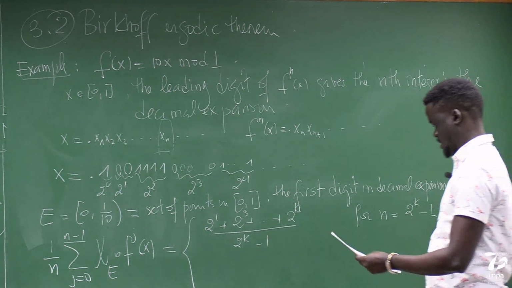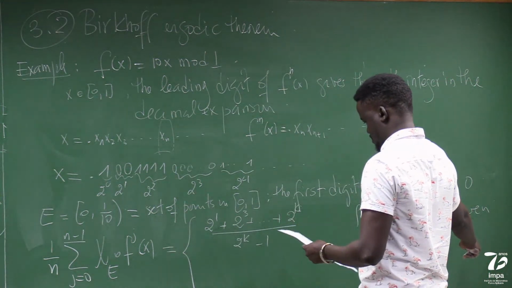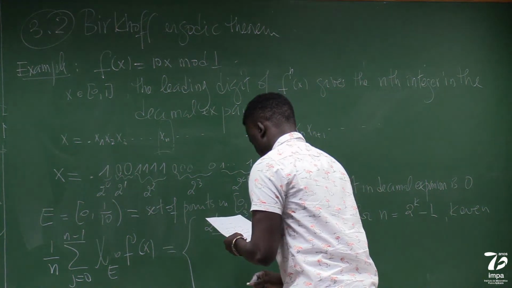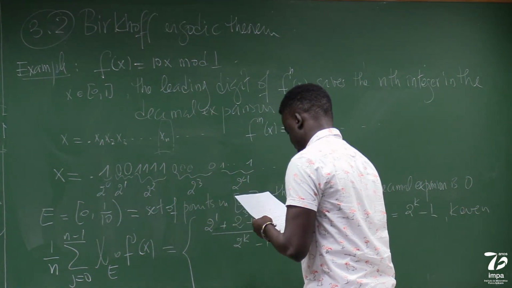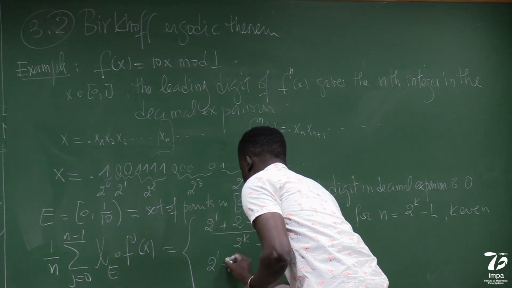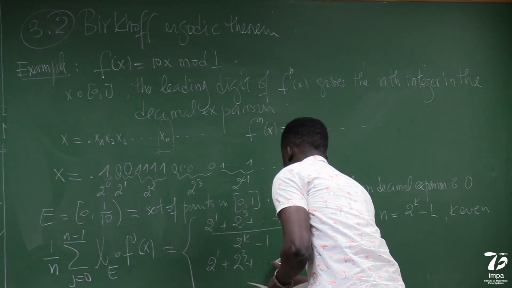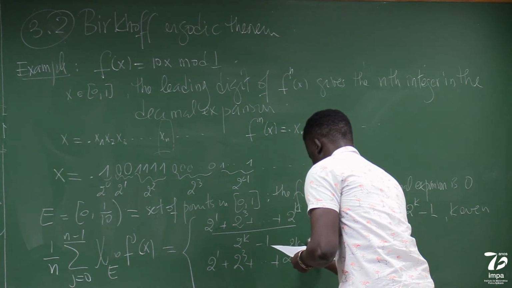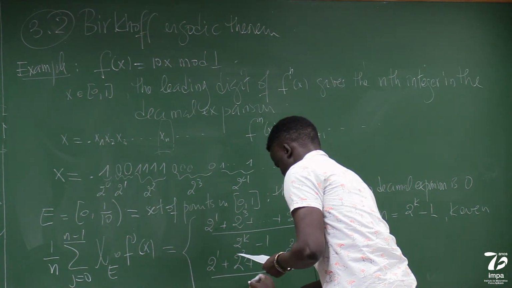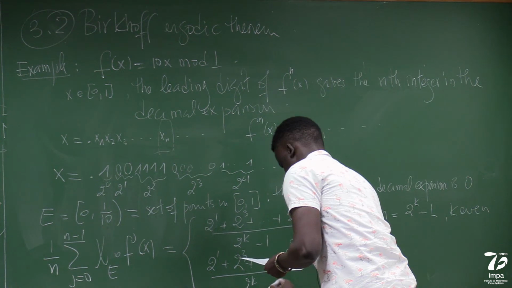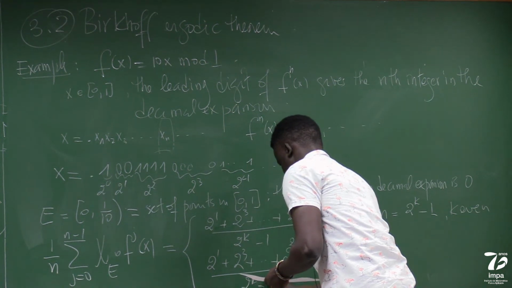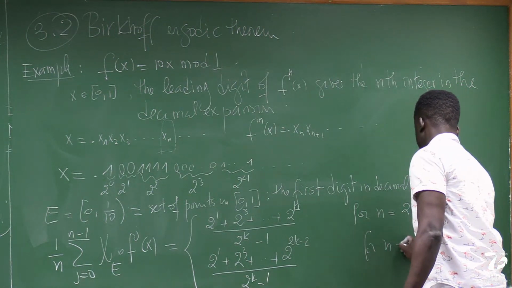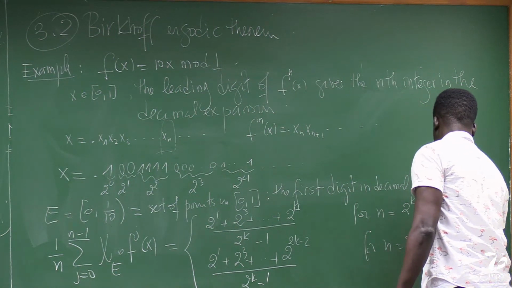And on the other side, when k is odd, the other sequence you have will stop at 2k minus 2, so 2, 1, 2 cubed plus ... plus 2^(k-2), over 2k minus 1, and k is odd.